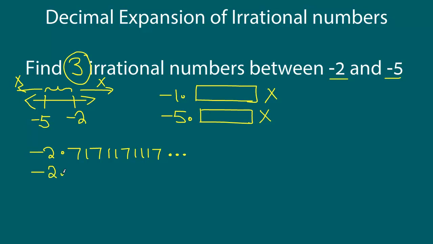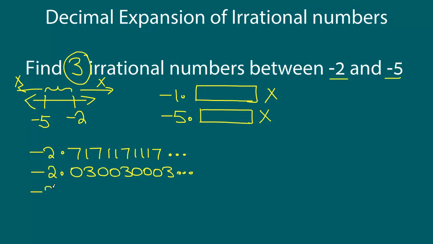Let's write another one, -2 point, how about 0 3 0 0 3 0 0 0 3, and so on. This is another example of a non-terminating, non-repeating pattern.